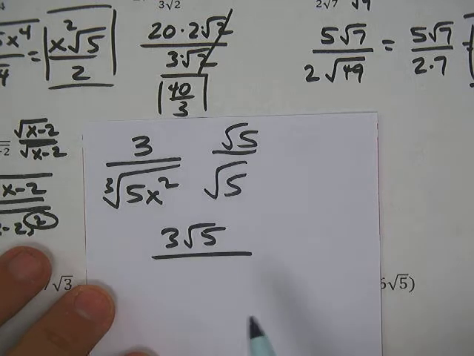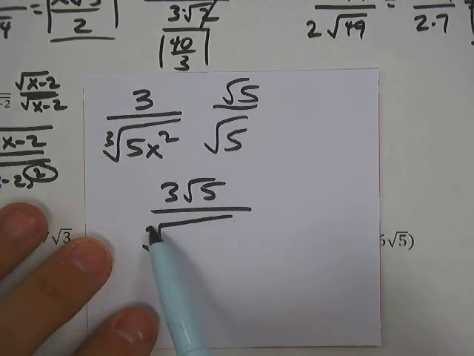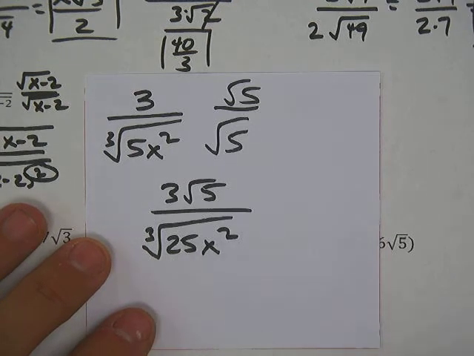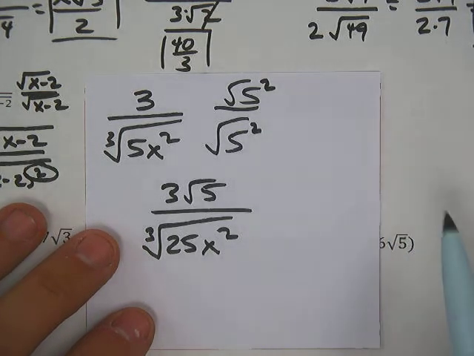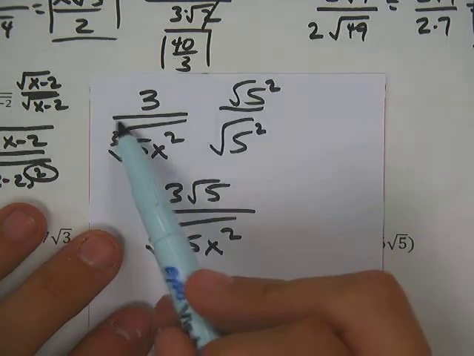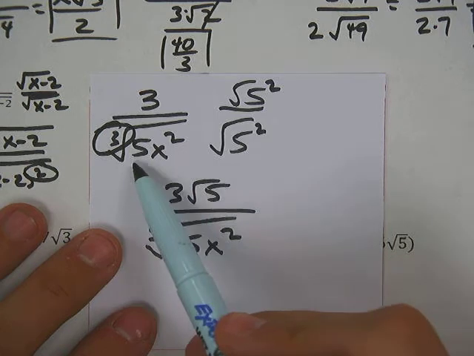Let's just talk about the root 5. We'll ignore the x squared for now. That doesn't help us this time, because now I would get this. And do you know what the cube root of 25 is? No, you don't. So you don't multiply by 5, but in this case, we're going to actually multiply by 5 squared.